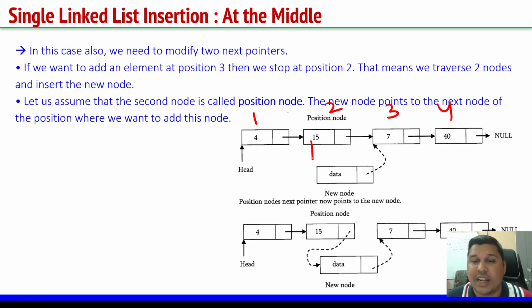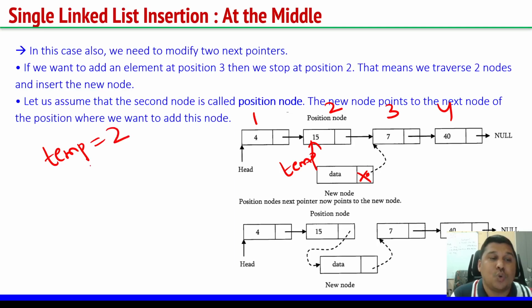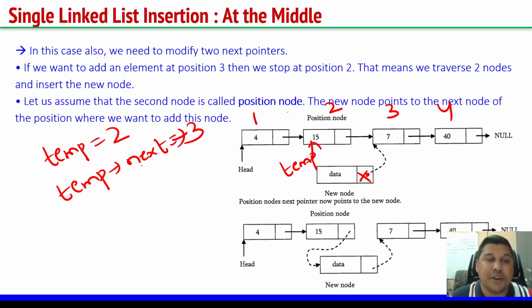So I reached here by traversing logic, let it be temp. Now this new node's next, which is null for now, you have to point it to temp's next. See, temp is at 2, temp next will point to 3.